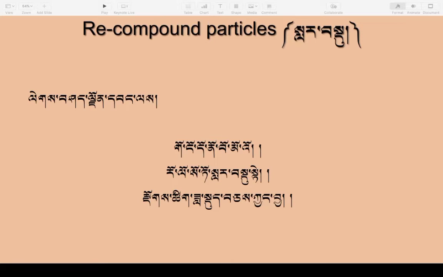These 11 particles are known as the recompound particles. These are also called zoksik. In Tibetan, the word lerdu is the word we use for recompound particles, but it can also be called zoksik, which means the conclusive word, or dedu, which means conclusion of a combination of words.